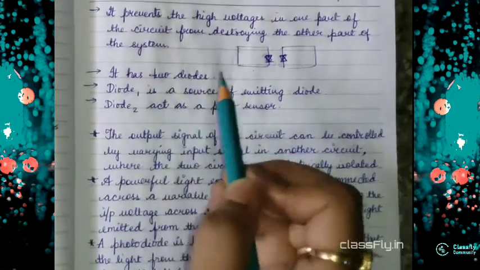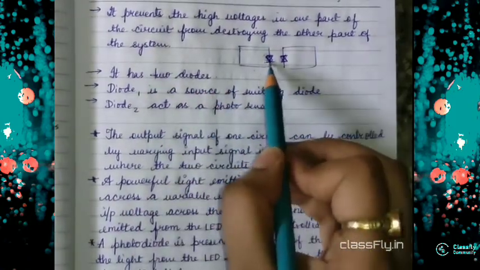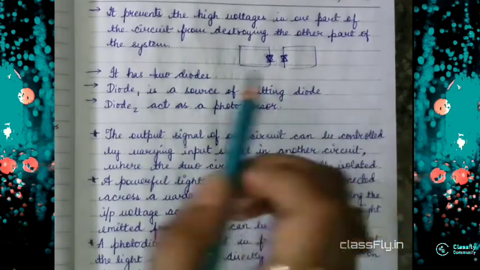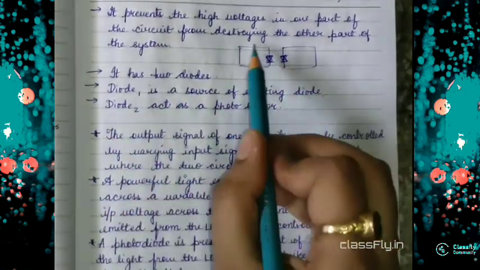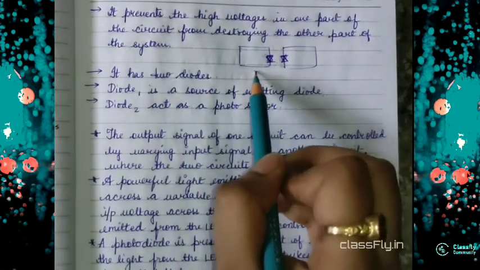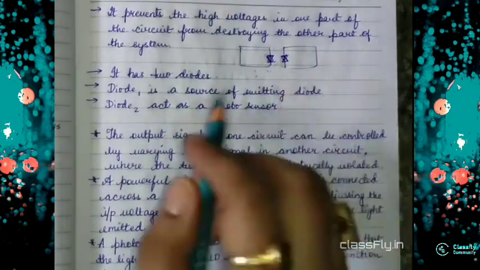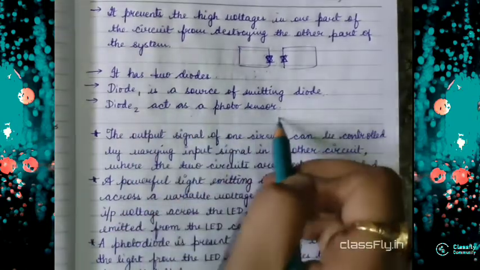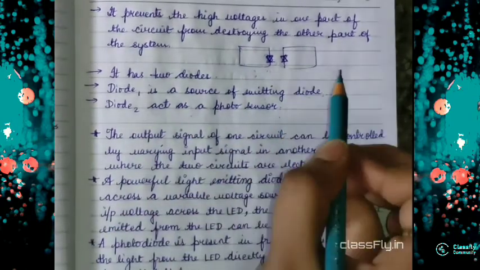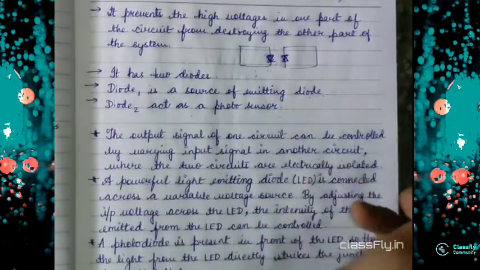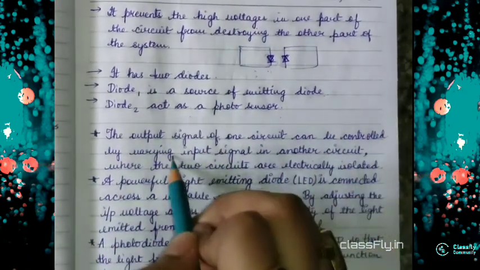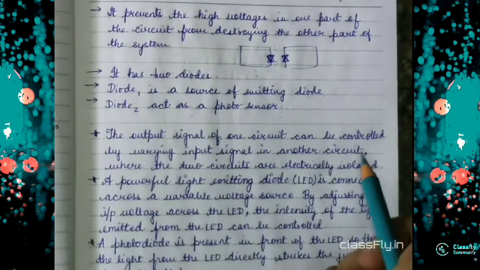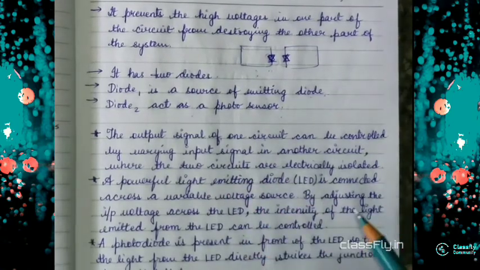It has two diodes. Diode 1 is the light emitting source, because this is the LED part. As I told, it will convert electrical energy to light energy, and diode 2 acts as a photosensor. Now see, the output signal of one circuit can be controlled by varying the input signal in another circuit, where the two circuits are electrically isolated.